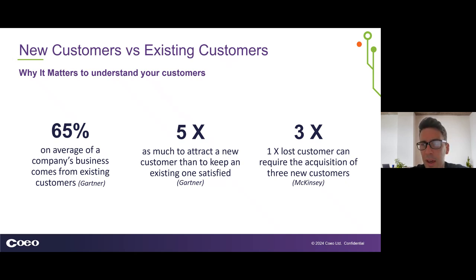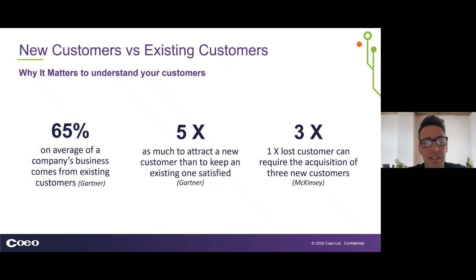On top of that, it's 5 times as much effort to attract a new customer as it is to keep an existing one. And if we lose one of our existing customers, that's 3 times as much effort to acquire a new customer. So you can see straight away from the statistics alone how important your existing customer base is to you.